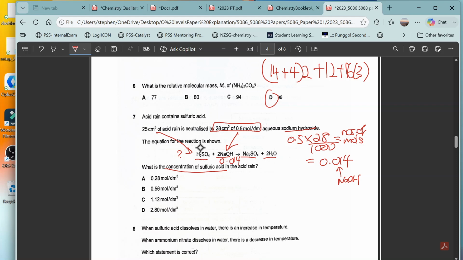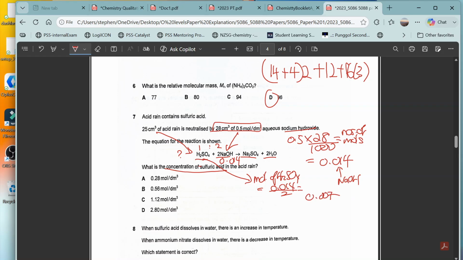The ratio is 1:2, so if this is 0.014, what is the value of 1? In other words, the number of moles of H2SO4 is 0.014 divided by 2, which is 0.007.